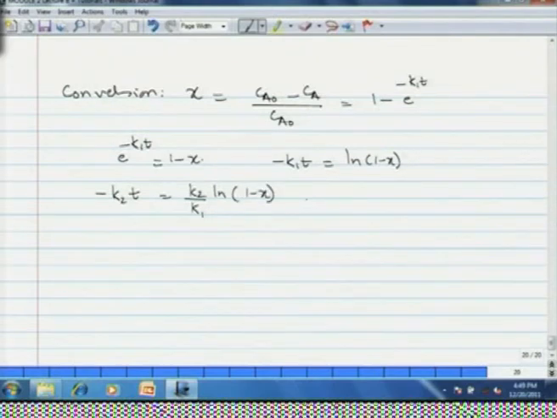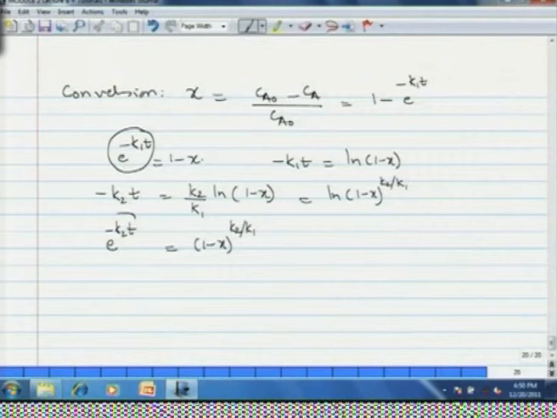This is all mathematical jugglery, you can very easily compute it, and therefore, e to the power minus k2t is equal to 1 minus x raised to k2 by k1. So, essentially we have tried to get the expressions for the two exponentials, e to the power minus k1t and e to the power minus k2t, in terms of conversion x.